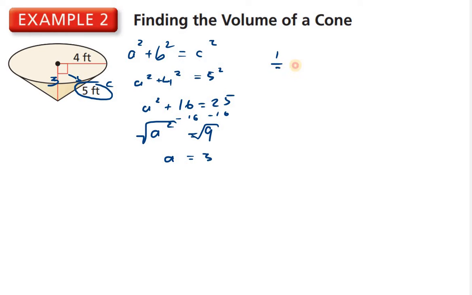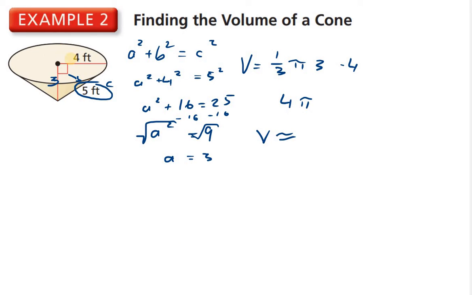Now we can do 1/3 pi times 3 times 4. That's the volume. 1/3 and 3 cancel out, so that's 4 pi. Or if you want to approximate this, 4 times pi comes out to be about, oh wait, sorry, let me back up.